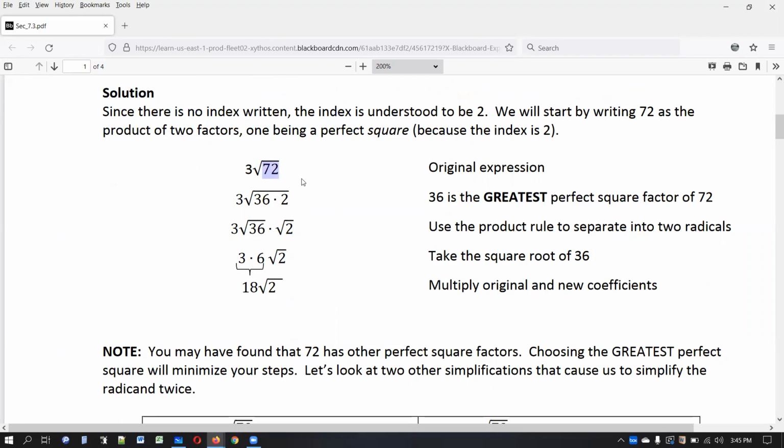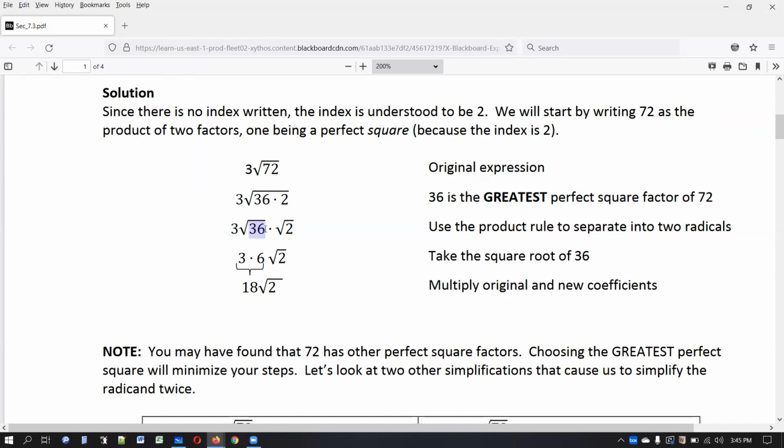So the 72, we cannot take the square root because this is not a perfect square. In other words, I cannot find two identical numbers that multiplied together will give me 72. So what do we do? Well, we divide this by 2 and we get 36 times 2. And then we realize that 36, I can take the square root. So we break it into two pieces, 3 radical 36 and radical 2.